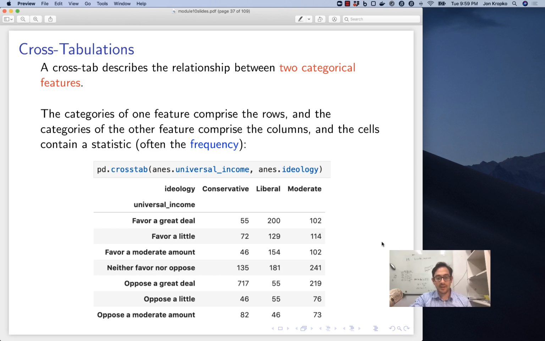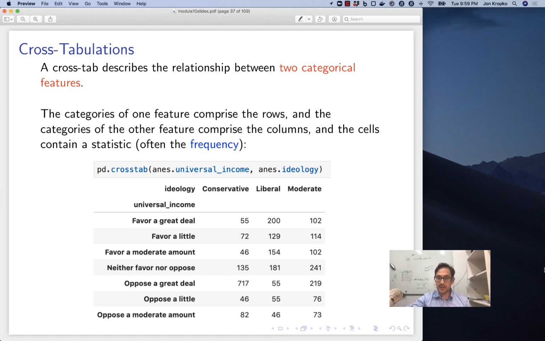Inside each cell is a raw count of how many people had each category. So we had 55 people who were conservative, but also said that they favor a universal basic income a great deal. 55 unusual people right here. It's much more usual for conservative people, 717, to oppose universal basic income a great deal. So here we have a crosstab with the raw counts in it.